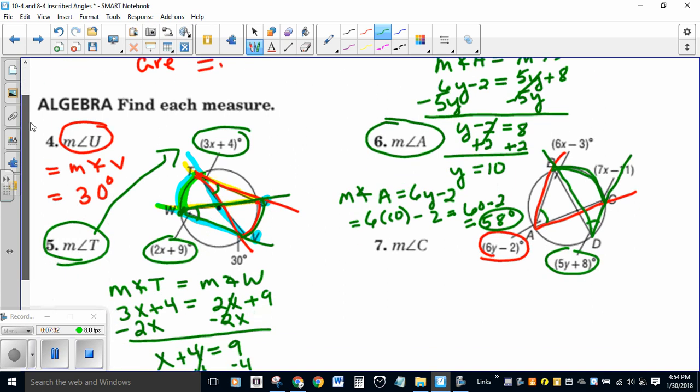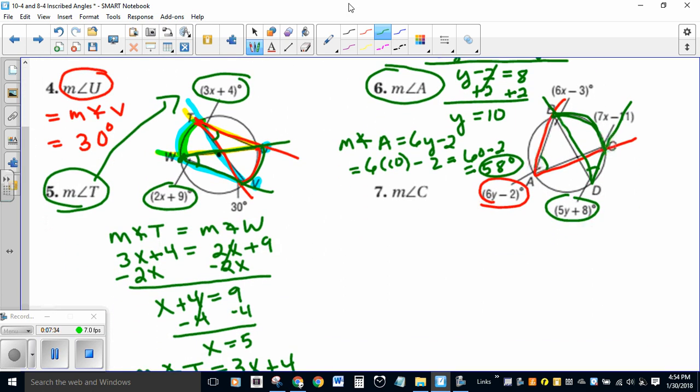For number 7, I've got angle C, which is right here. So my angle goes this direction, meaning it intersects arc AD, and that is going to be 7x minus 11.